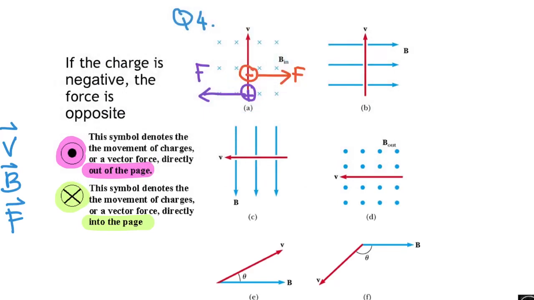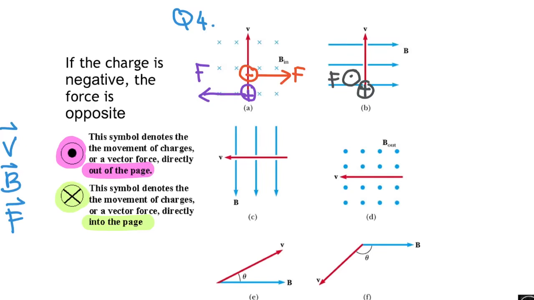This will be for a positive charge. Your thumb is pointing into the page, so that will be the direction of your F.